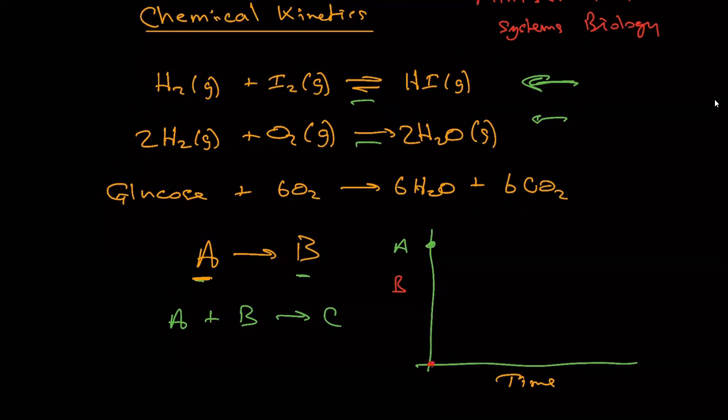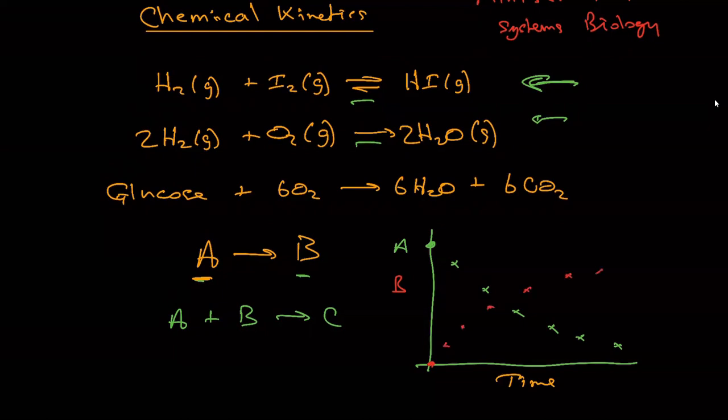If I were to do the experiment, I would measure A and B over time. I would probably see something like this. It will slowly decline as it gets used up, and then B would slowly get made.